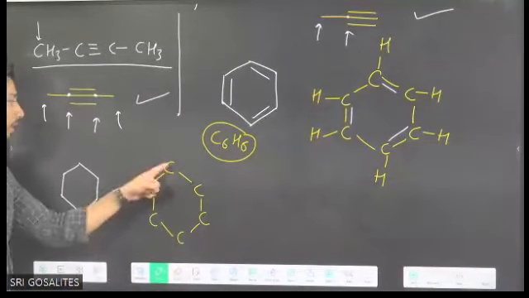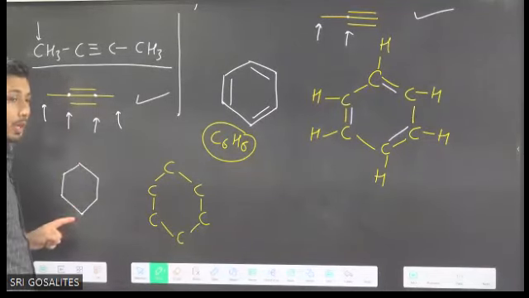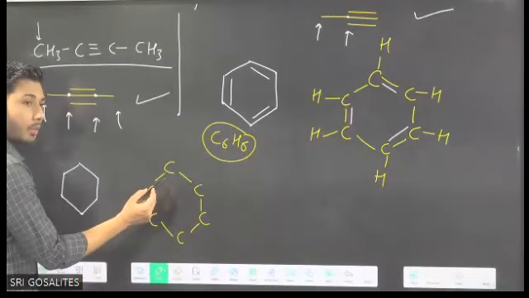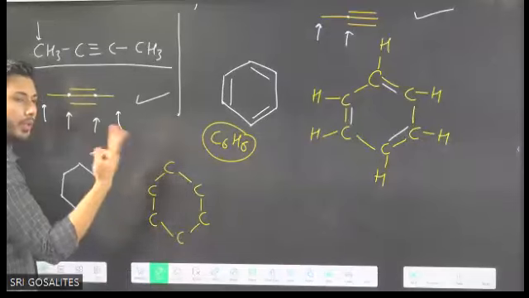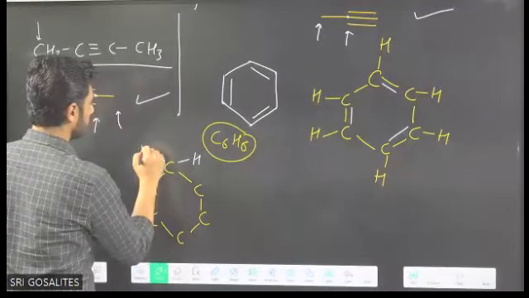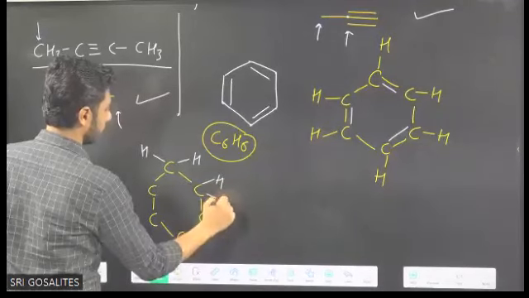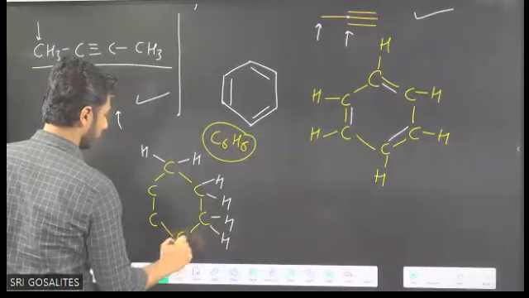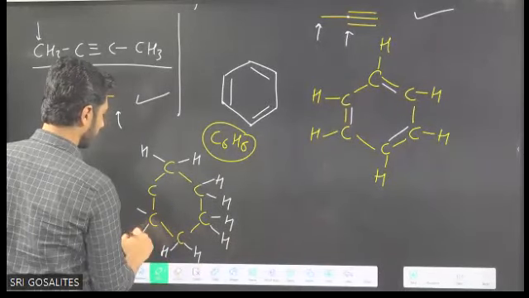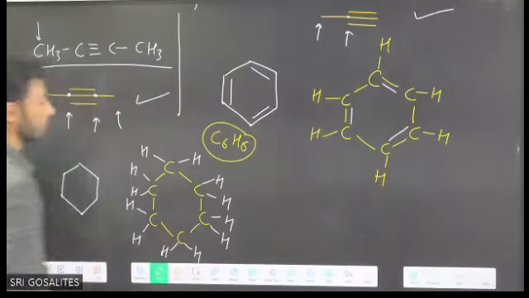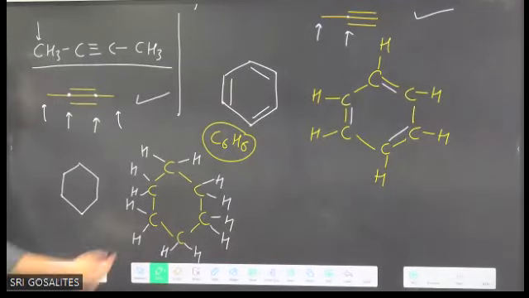This is each vertex carbon. How many vertexes? 6. Carbon has how many bonds? 2. The remaining 2 bonds will be with hydrogen. That is the actual meaning.